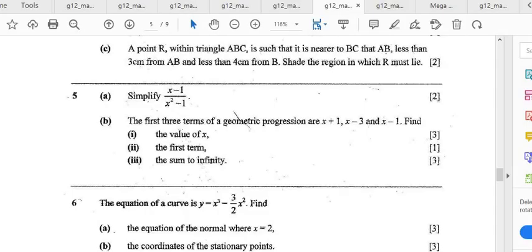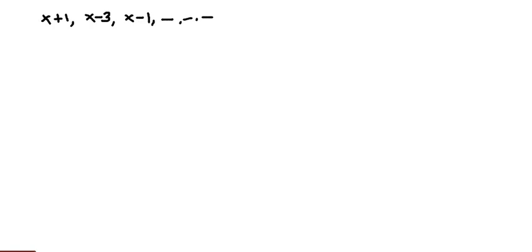Since this is a geometric progression, we can get an expression for r. We know we can get r by dividing consecutive terms.